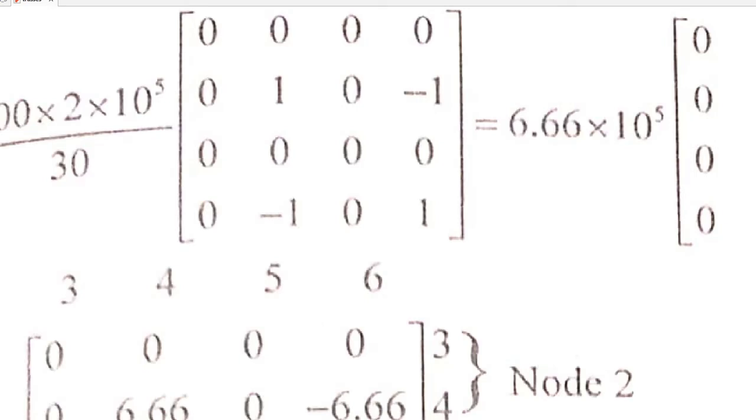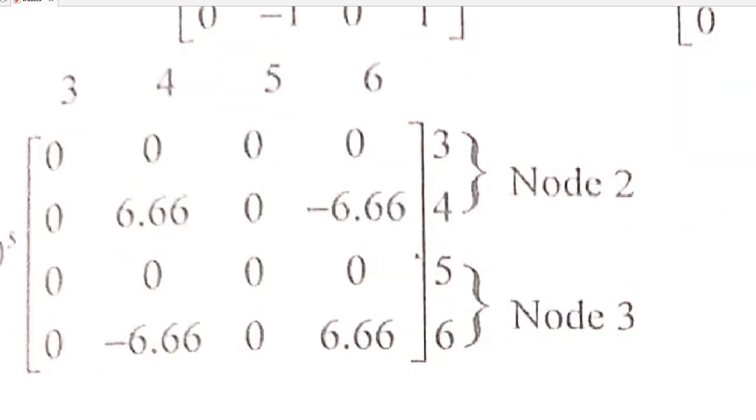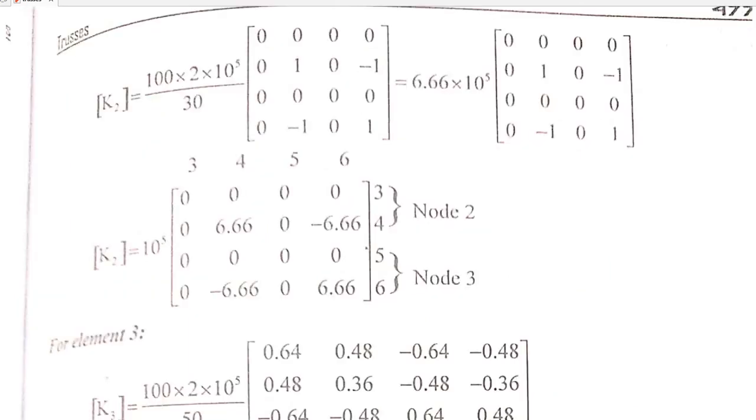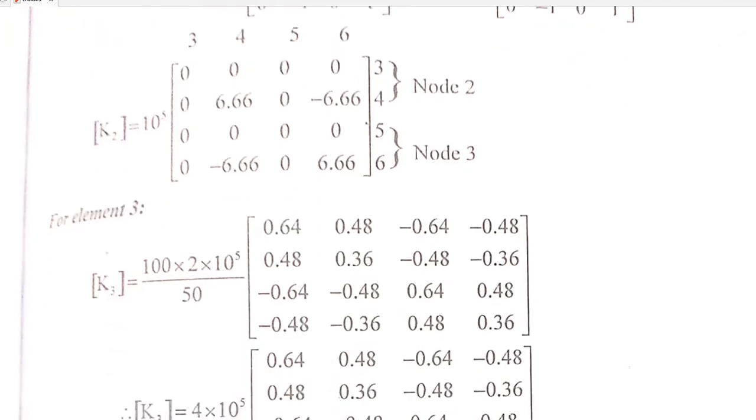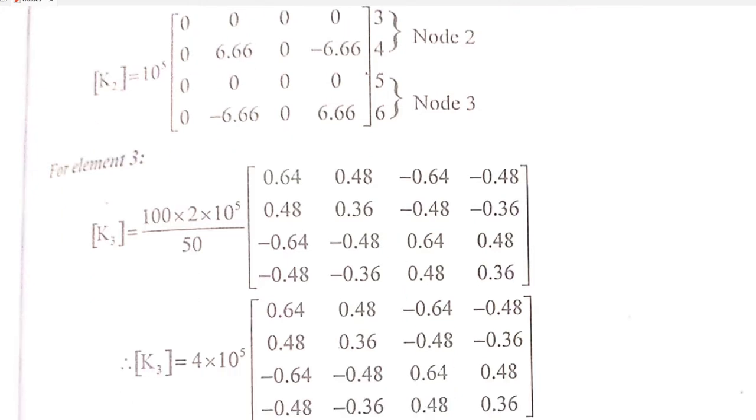Tell me, Nagin Taj. Here outside you got 4 into 10 raised to 5. Here 100 into 2 into 10 raised to 5 by 50 gives 4 into 10 raised to 5.